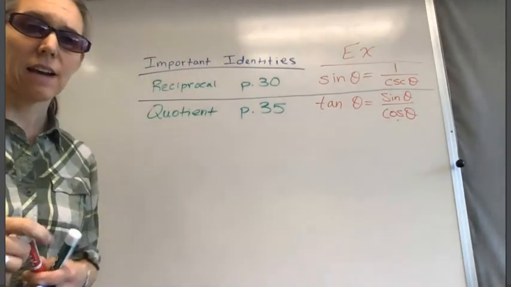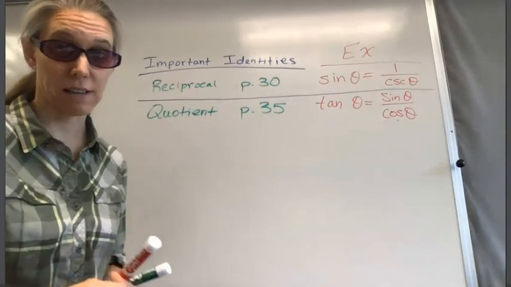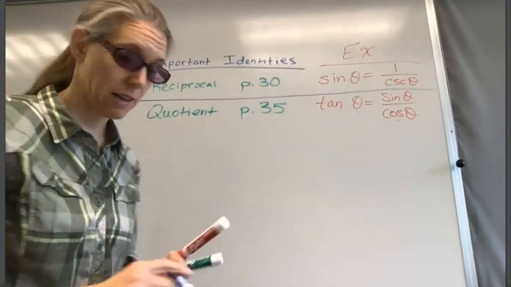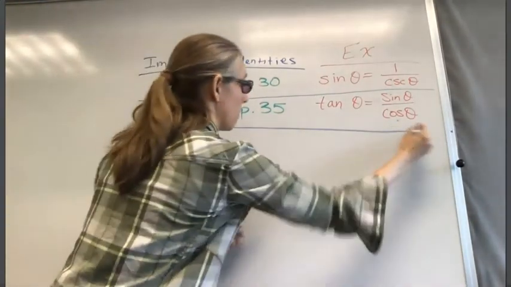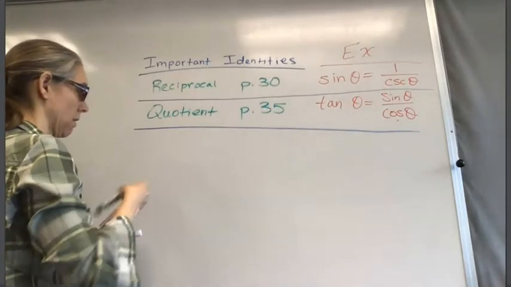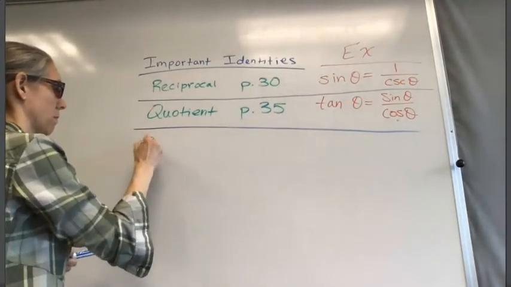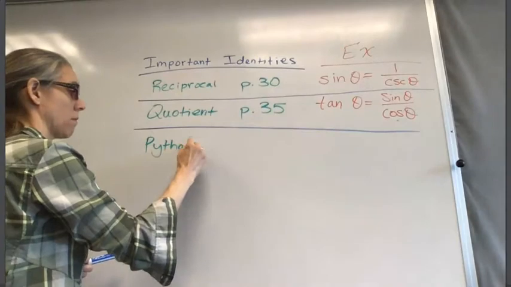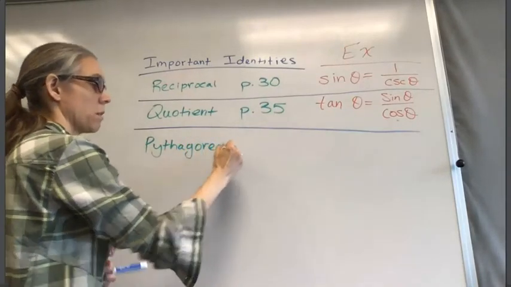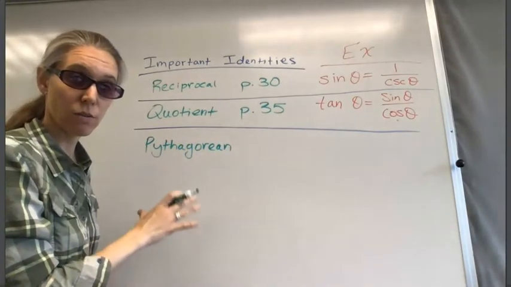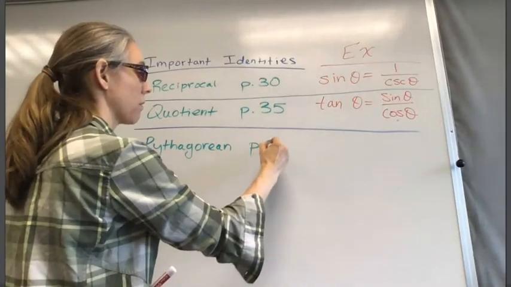Okay, and then the other really important identities are the Pythagorean identities. The Pythagorean identities are also found on page 35.